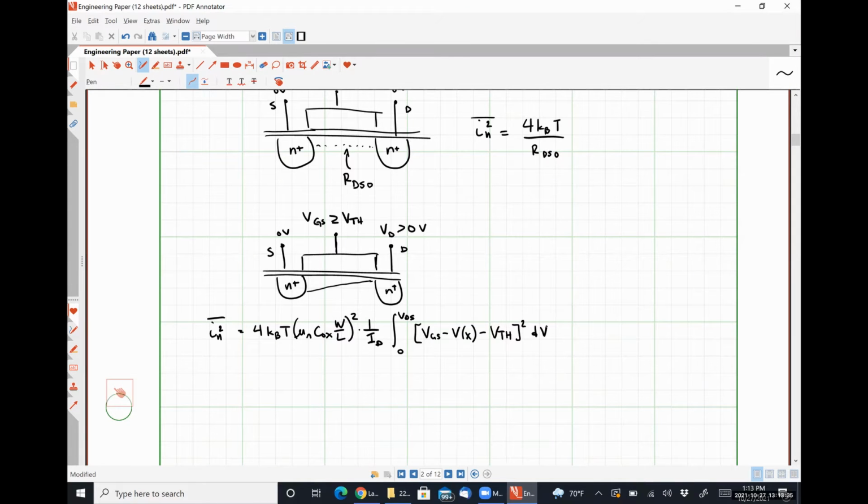This is similar to the integration we did when we figured out how the drain current worked, where this bit really just represents the charge moving around in our channel, okay?